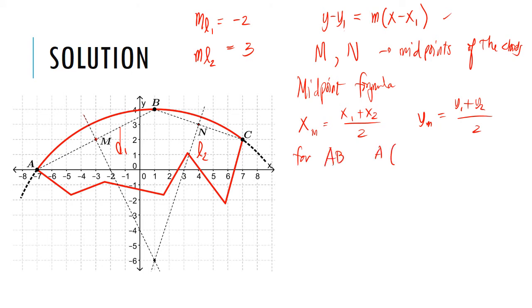where A is (-7, 0) and B is (1, 4), the midpoint, or the point M for midpoint, is equal to x1 plus x2 all over 2, which is equal to -7 plus 1 all over 2. -7 plus 1 is -6 all over 2. That is -3.